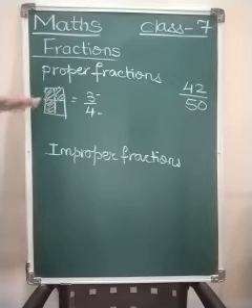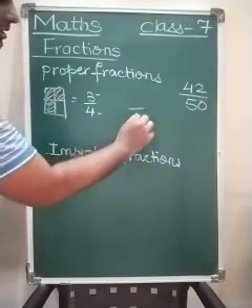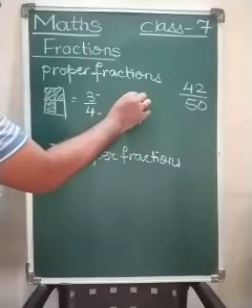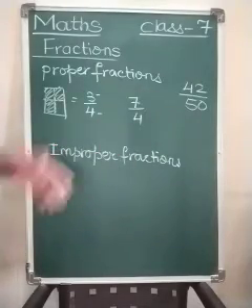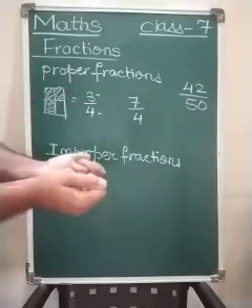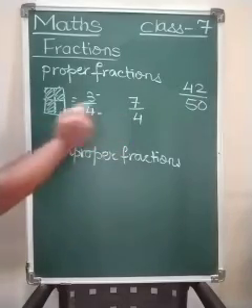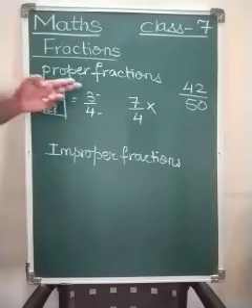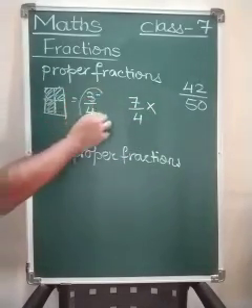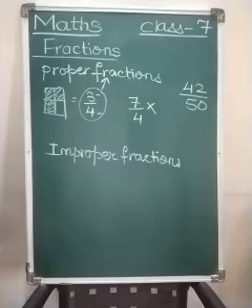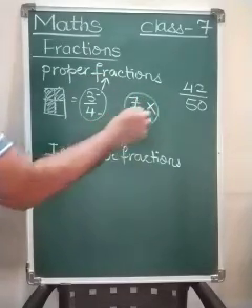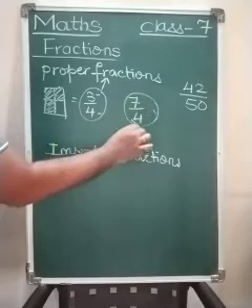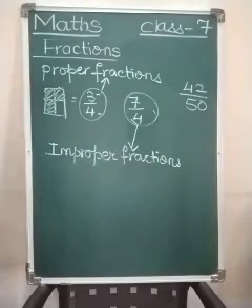But can we say that out of 4 parts we can take, say, 7 parts? Is it possible that a chocolate has been divided into 4 parts and out of those 4 parts we can give 7 parts? This is not possible. So this type of example is called a proper fraction, but this is not called a proper fraction. This is called an improper fraction.